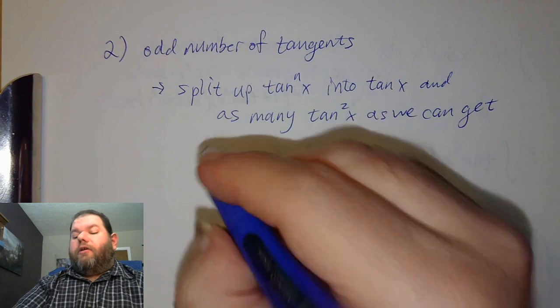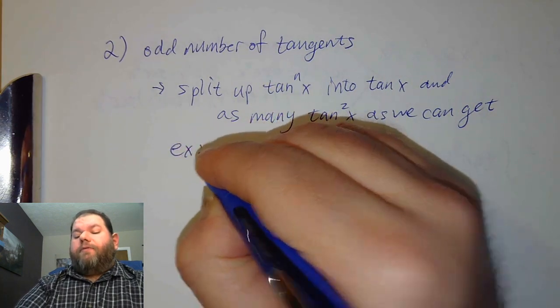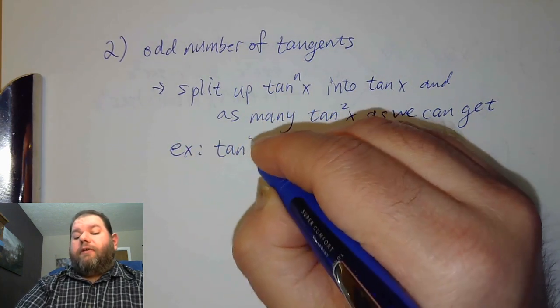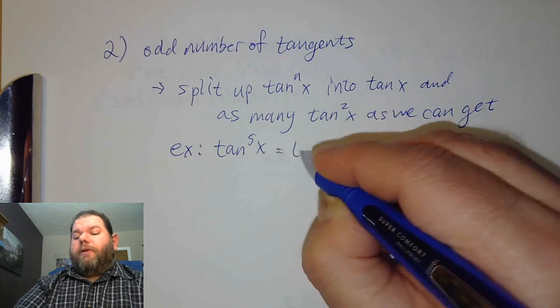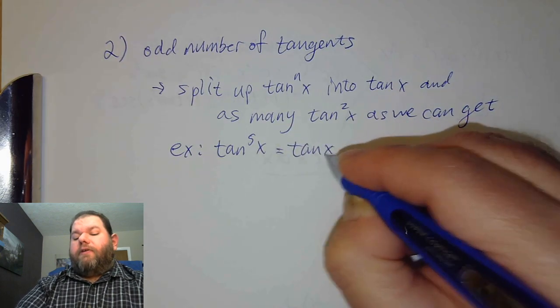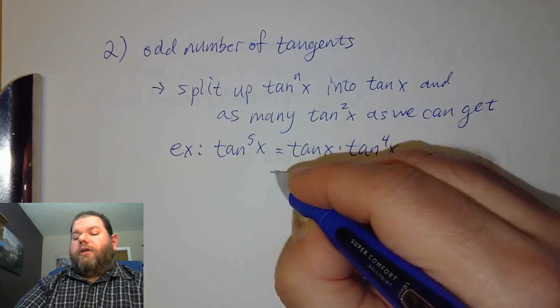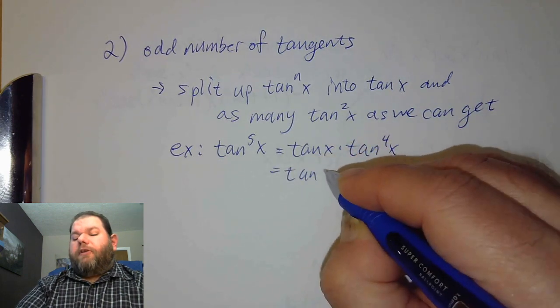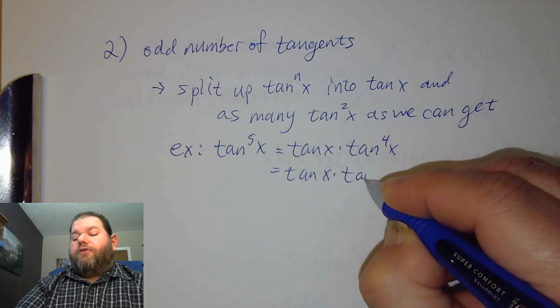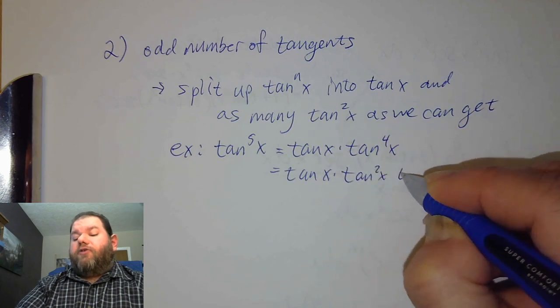For example, if we had tangent to the 5th of x, we would make that tangent x times tangent to the 4th, and tangent to the 4th would then be split up into tangent squared times tangent squared.